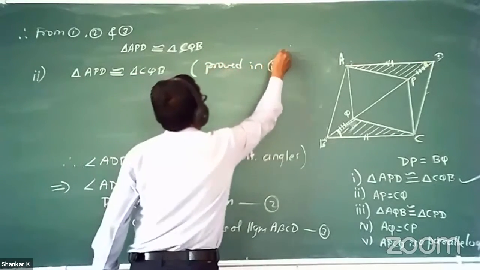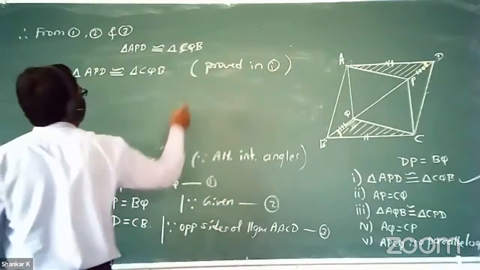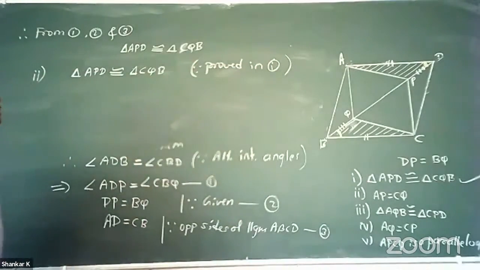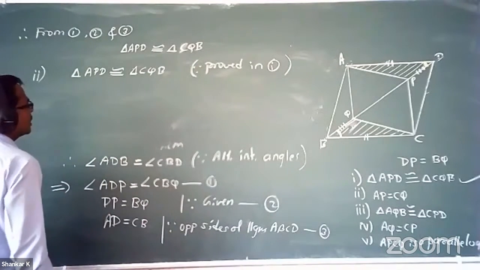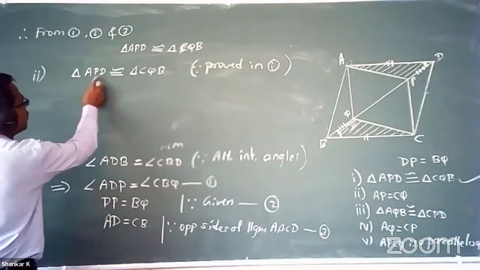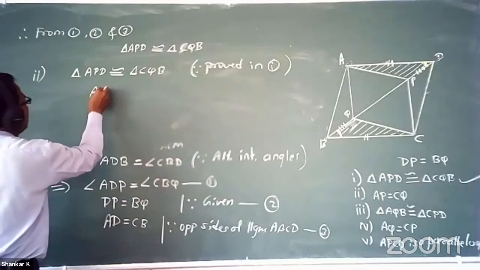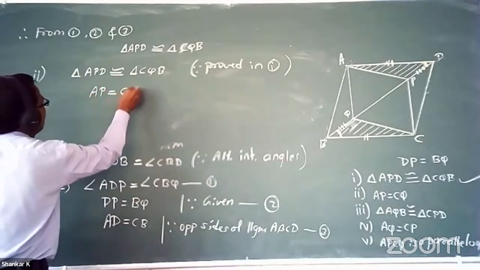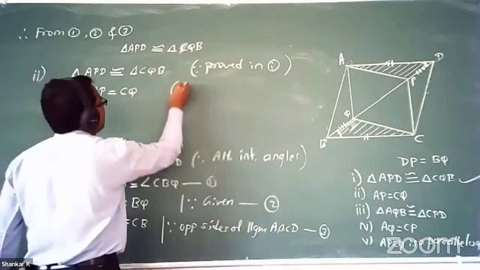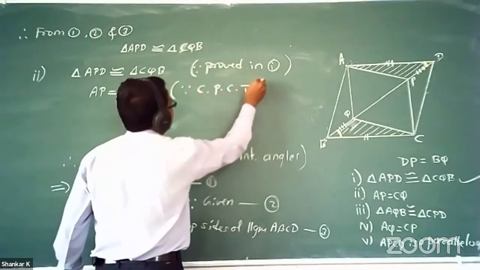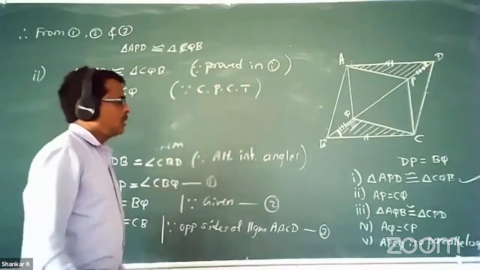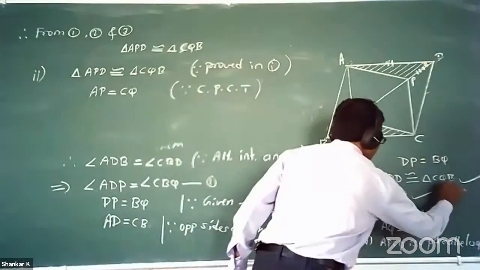Already proved in one. That's why we have written. Now, corresponding elements are equal. Which are corresponding elements? AP equals CQ. Why? Because corresponding parts of congruent triangles are equal. That's why these are equal. This second part is also over.